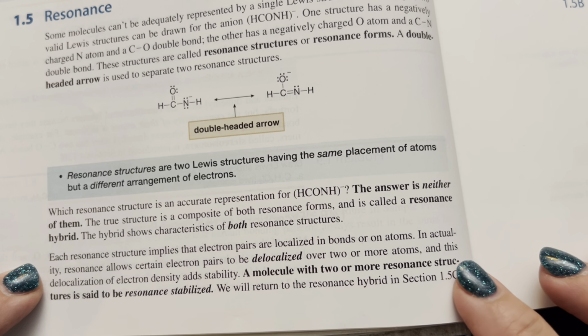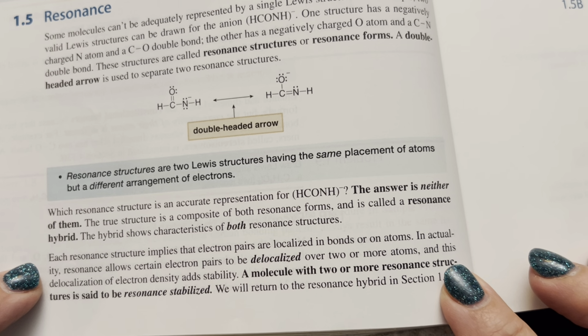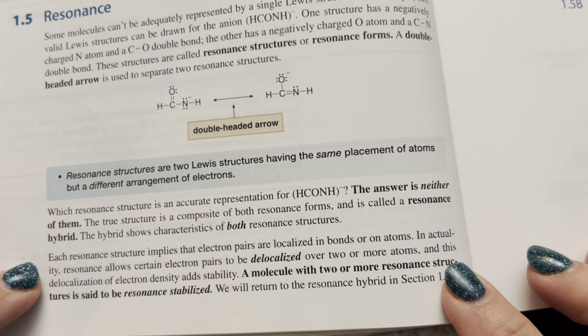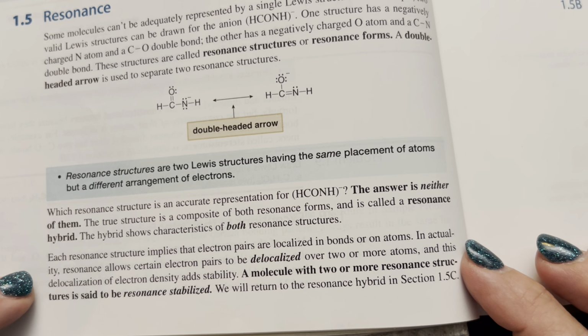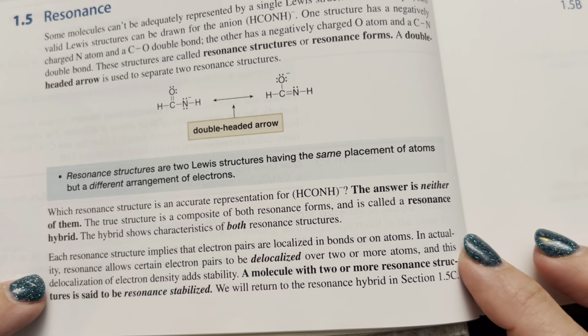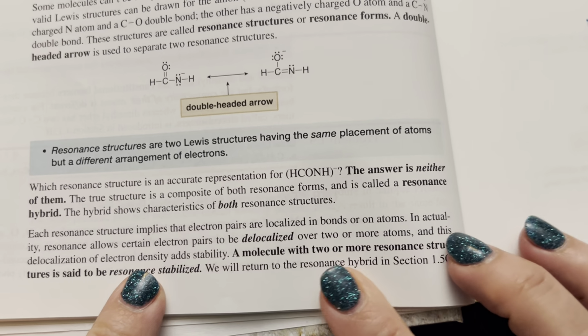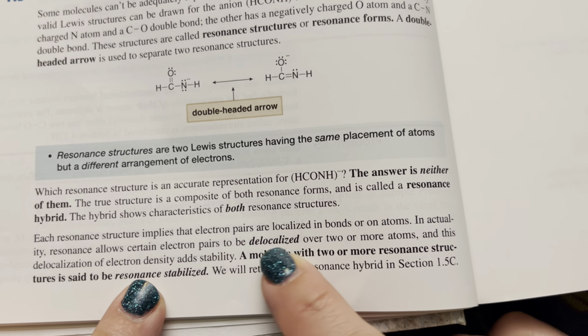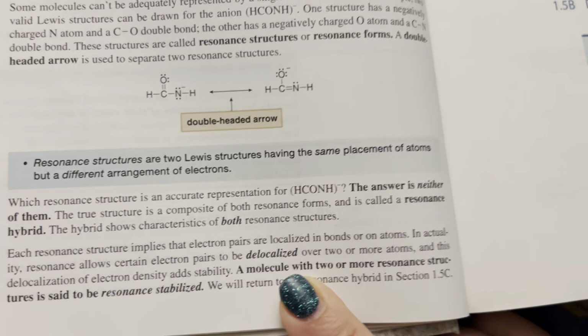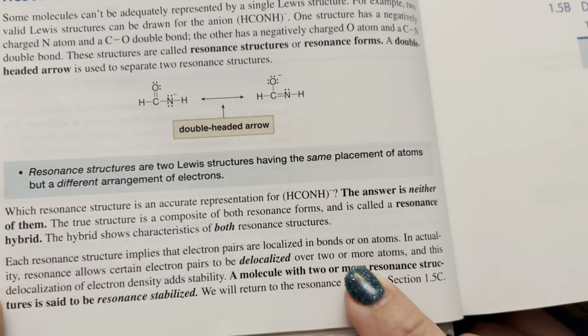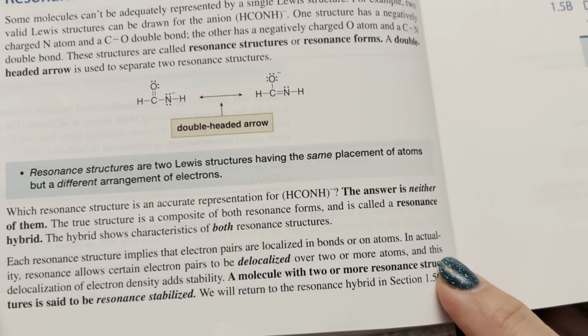Each resonance structure implies that electron pairs are localized in bonds or on atoms. In actuality, resonance allows certain electron pairs to be delocalized. This is an important concept. Delocalized over two or more atoms.